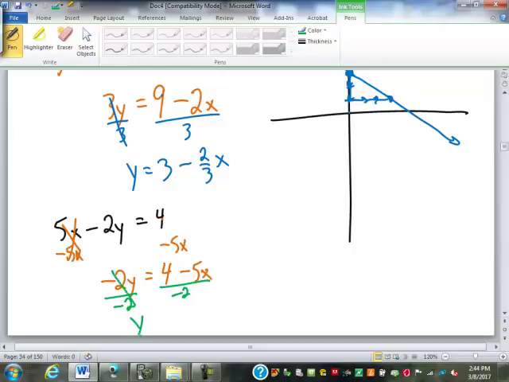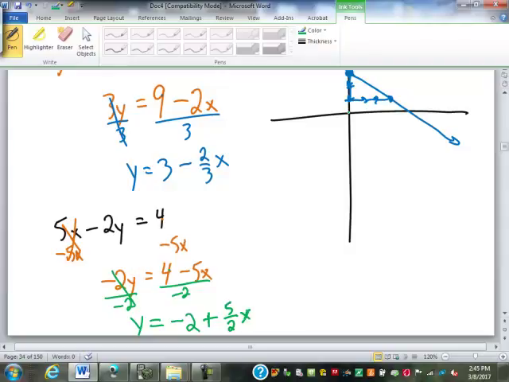So that's gone, gives us y equals 4 divided by negative 2 is negative 2. Negative 5x divided by negative 2. Well, negative 5 divided by negative 2 is a positive. And I'm just going to write it as 5 over 2 times x. Since that's the slope, I want to leave it as a fraction, or an improper fraction.